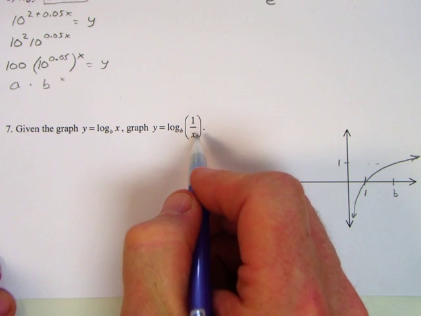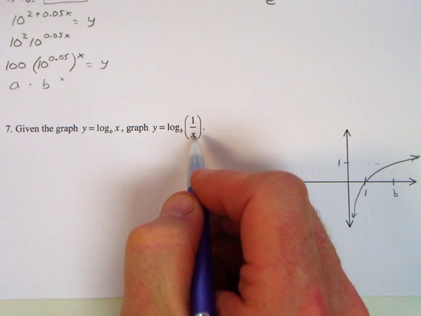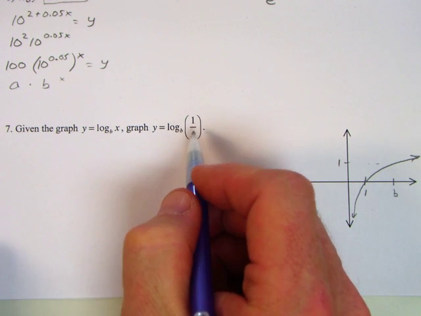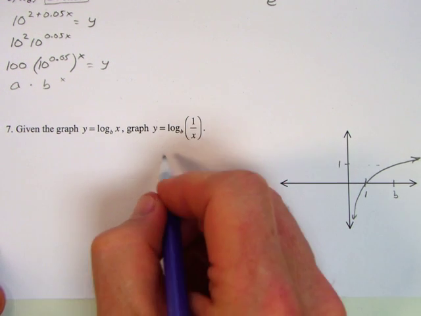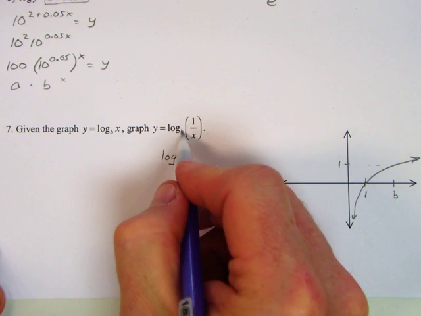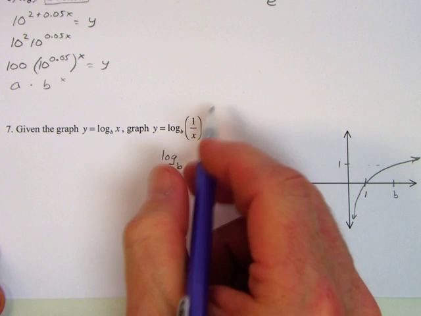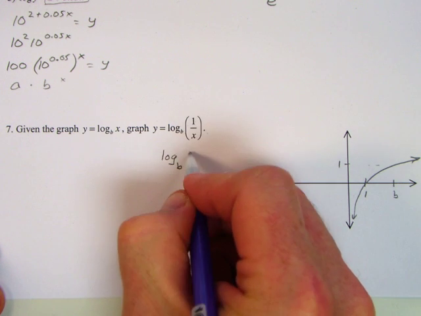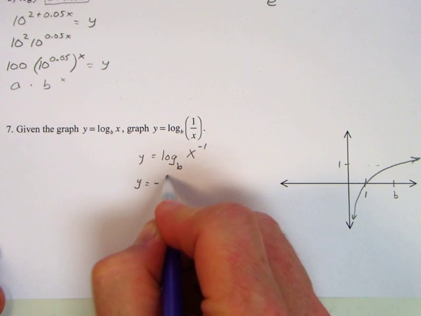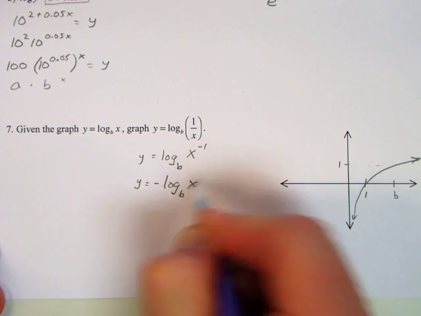I did a problem similar to this earlier when we looked at number 3, part B, where we had log base b of 1 over 12. This time I'm going to do it a little different than that. Instead of saying log base b of 1 minus log base b of x, I'm going to call this 1 over x as x to the negative 1. So in other words, negative log base b of x.